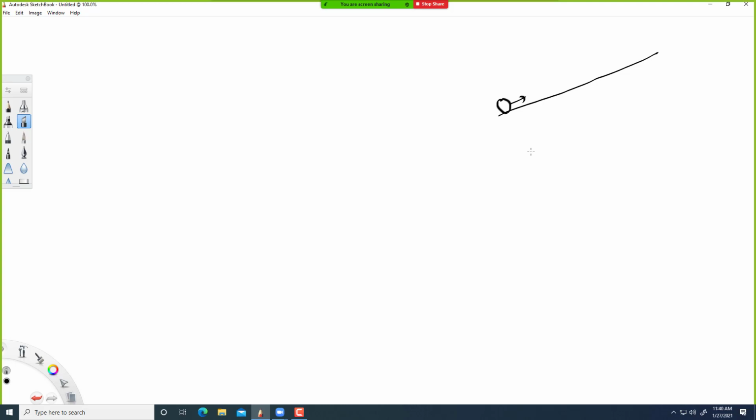The way to do that is we use a point or this kind of dot to represent the object, which is a ball here.